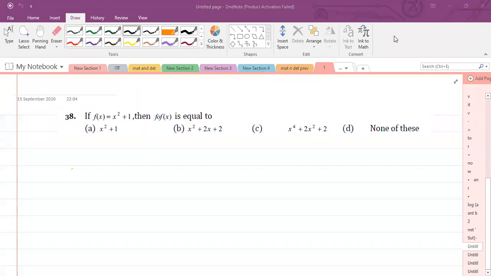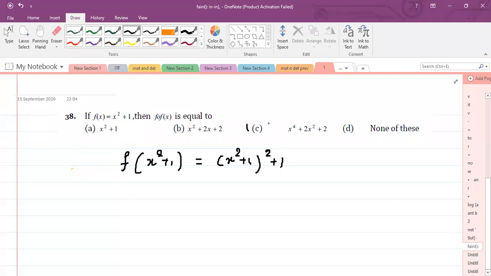Yes, it is option C. So here you need to find f of x square plus 1. f of x means f of x square plus 1, that is x square plus 1 the whole square plus 1 plus 1. It is option C.